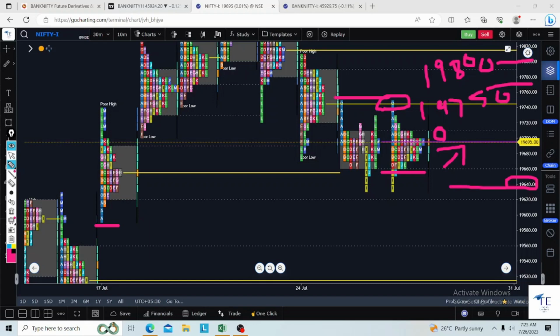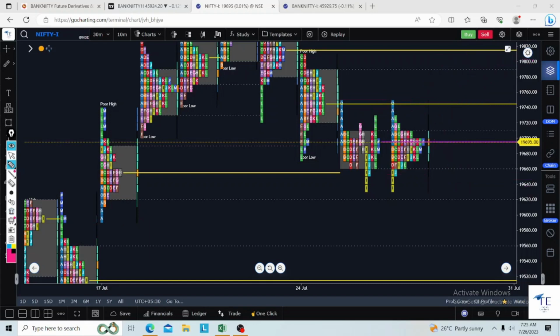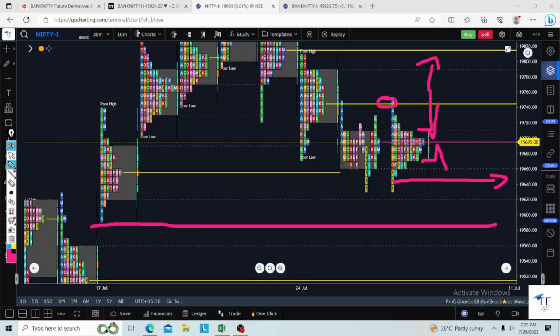So if the market opens above PPOC, we can go for the 750 trade, because this area will be cleared and the market will move to 19,800. If the market opens below, with any rejection from this PPOC, it can go upside, or you can plan 640. Any acceptance at 19,640, then the market will come to the next demand zone.